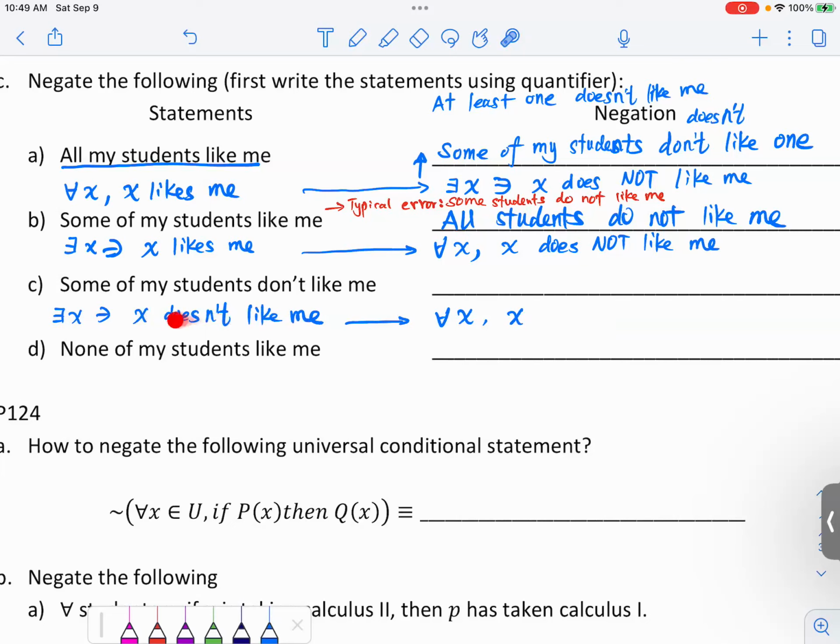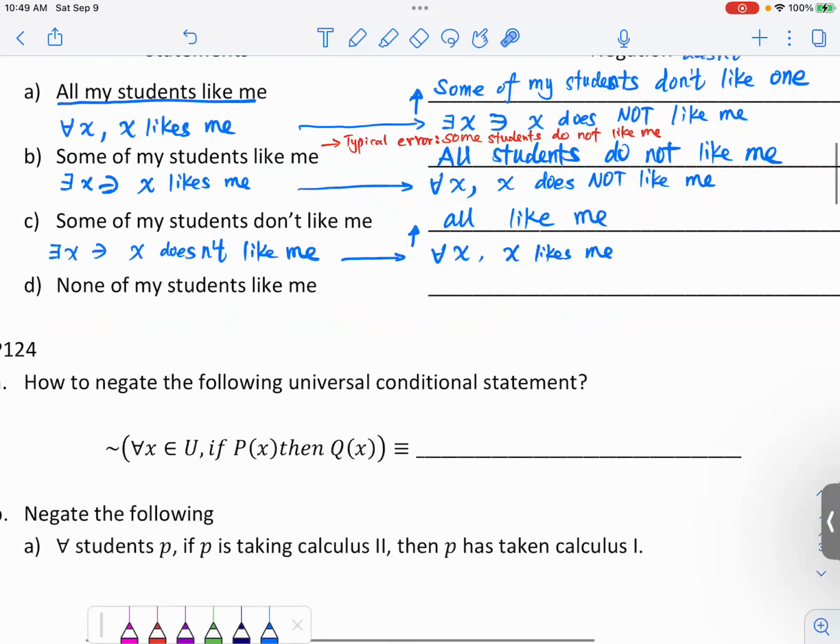The negation of "x doesn't like me" is "x likes me." In English, all students like me. Some of you may already recognize that this is the same as the first statement, so its negation is that one, which is true.